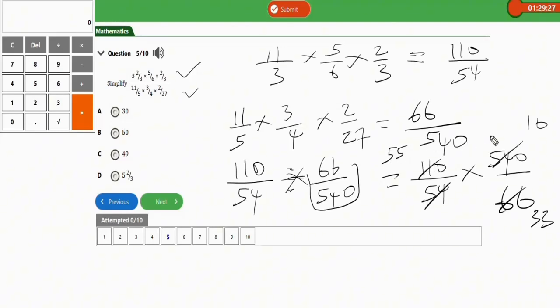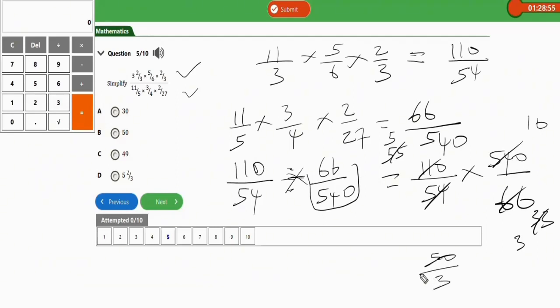Okay, 11 can divide. So 11 into 33 will give us 3. 11 into 55 will give us 5. Okay, so we are now left with 10 times 5 over 3. So 10 times 5 will give us 50. We're now left with 50 over 3.